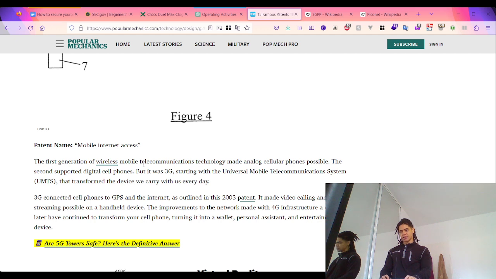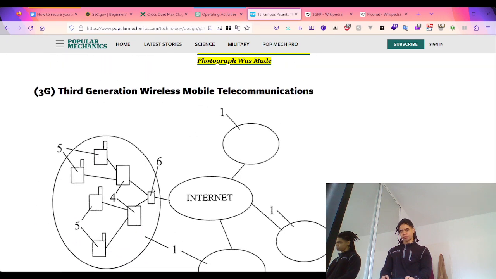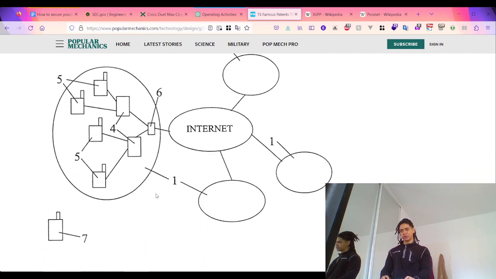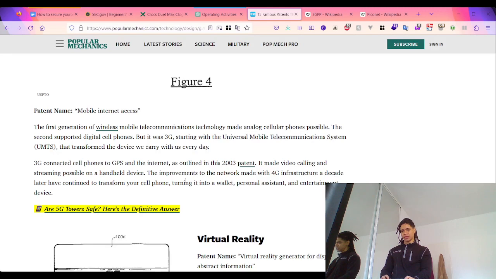the 3G issued in 2003, or generated in 2003, right?